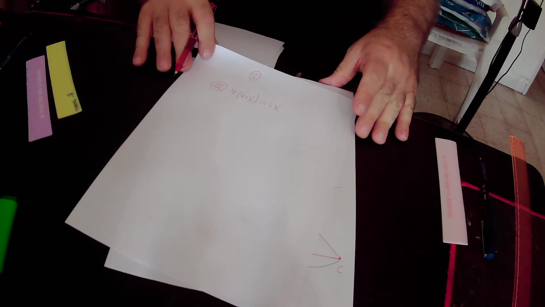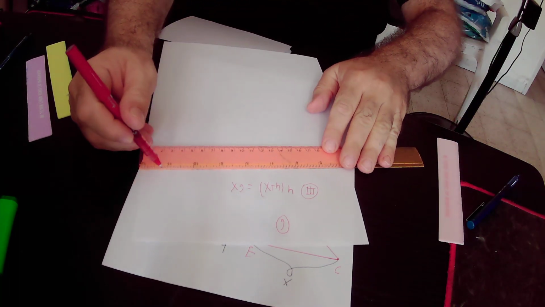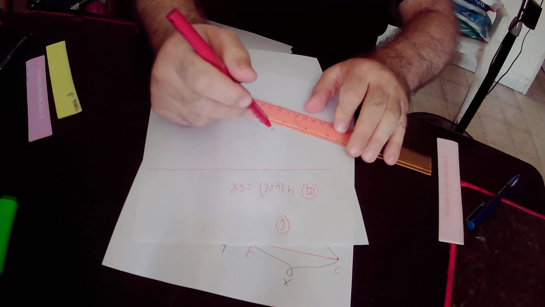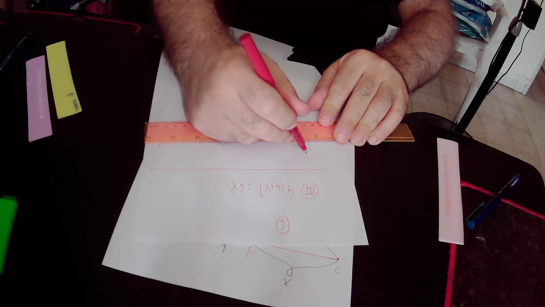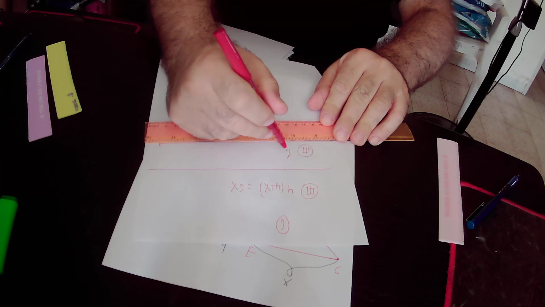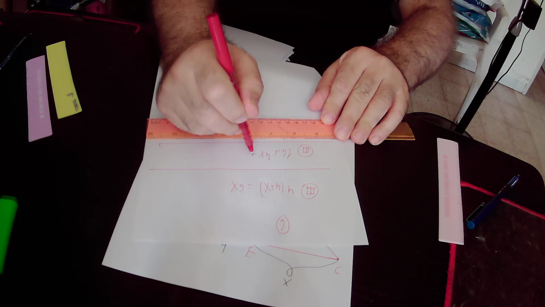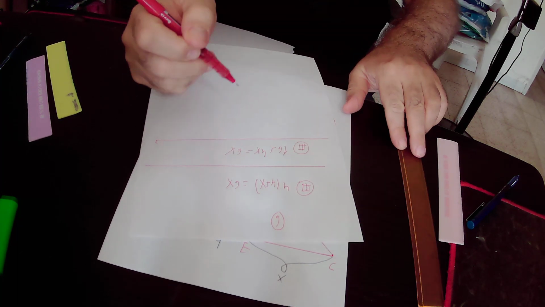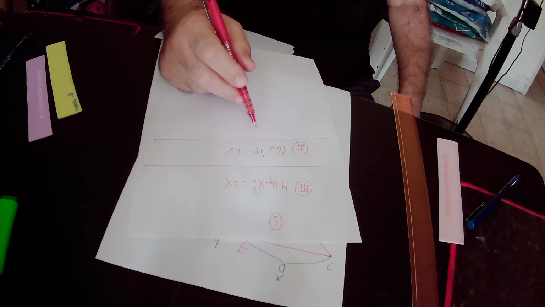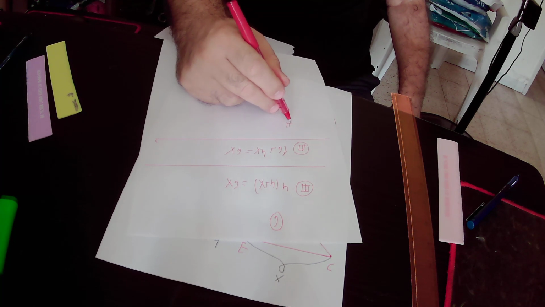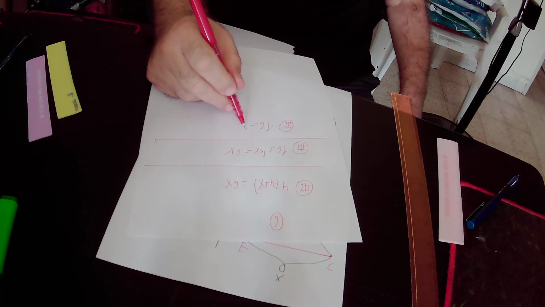We will open the brackets and we will get that 16 plus 4X equals 6X. We will subtract 4X from both sides, and we will get that 16 equals 2X.